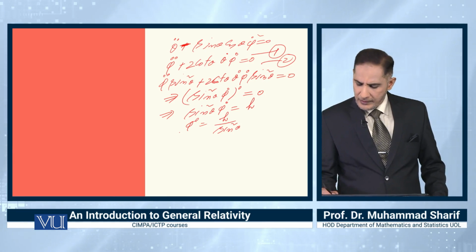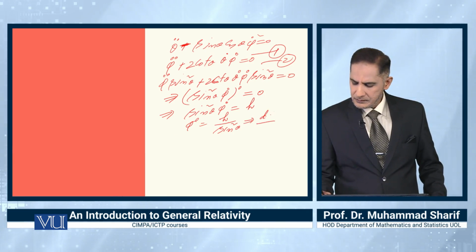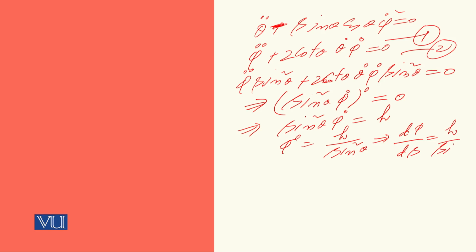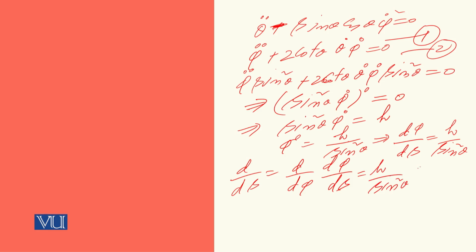And this is in fact d phi over ds, h over sine square theta. Now we know by chain rule that d over ds can be written as d phi over ds times d over d phi. By chain rule we can always write this. So inserting the value of d phi over ds from here, we have h over sine square theta d over d phi.